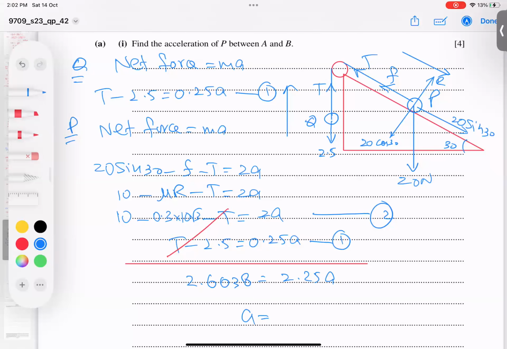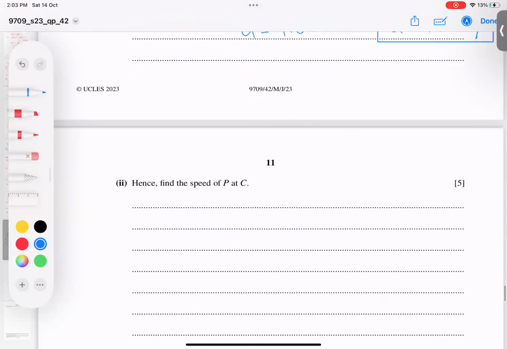Yeah, it is correct. It is coming 1.0239, and because it is acceleration we will use 3 significant figures, so 1.02 meters per second squared. So this is done. Let's go for the next part.